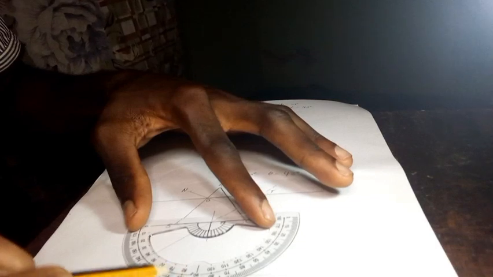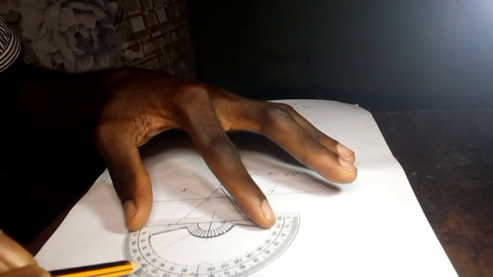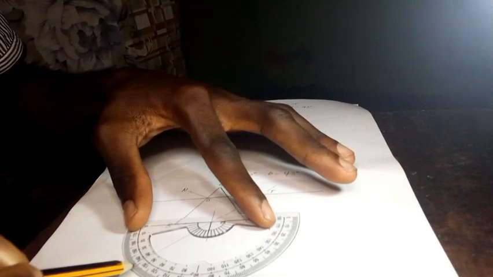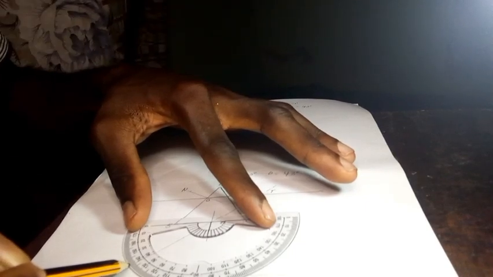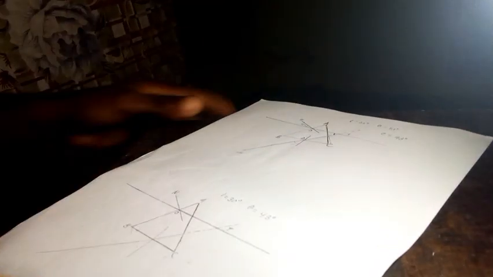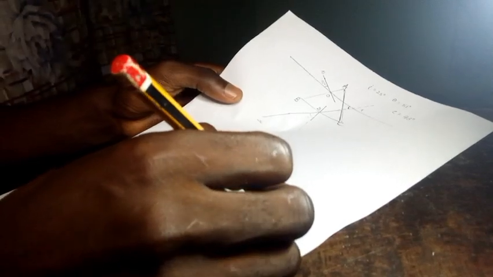I'm counting 90 to 80 to be 10. So this is 10, 20, 30, 40, then 50, 51, 52, then 53. So I have my angle of emergence to be 53 degrees.